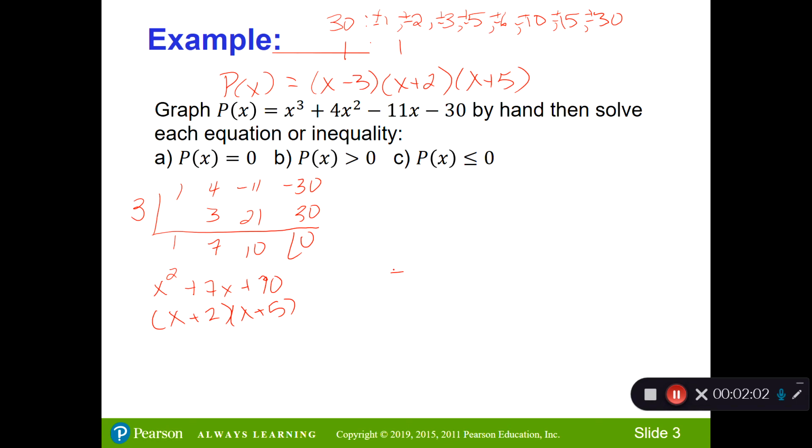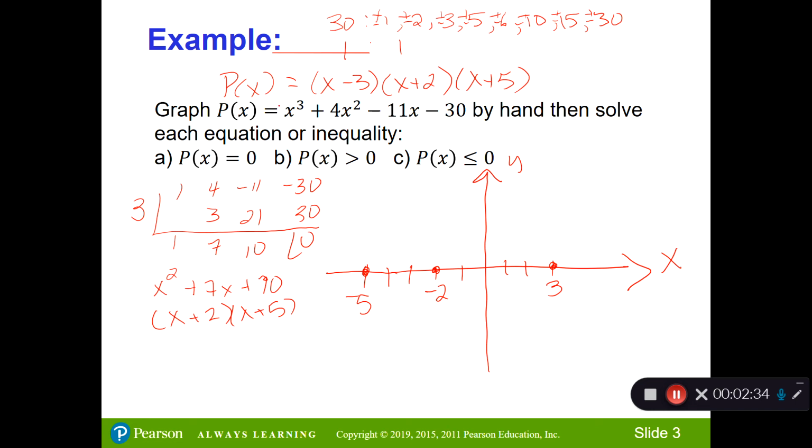So drawing our graph, I have a 0 at negative 5, 1, 2, 3, 4, 5. And again at negative 2. And at positive 3.